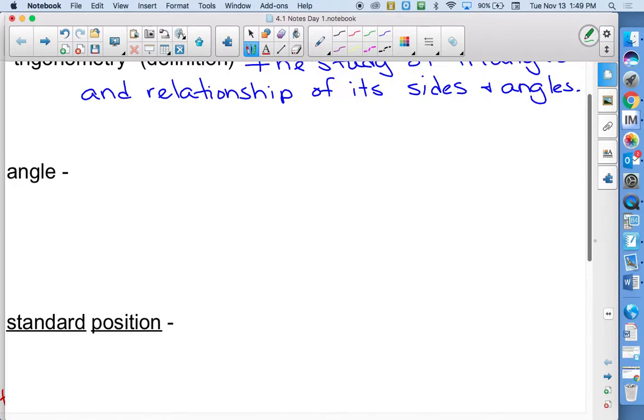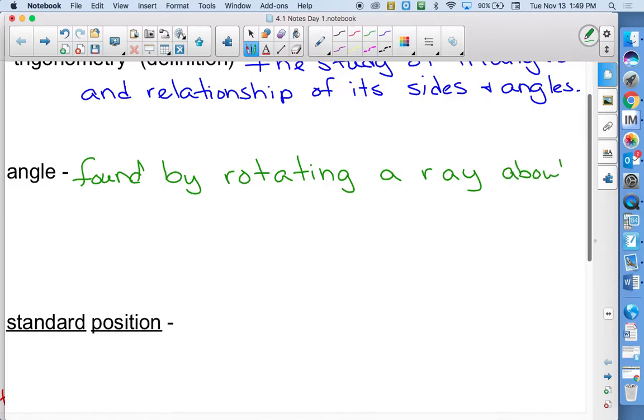So in trig, an angle is found by rotating a ray, so we still have that word ray, about its endpoint. An angle in geometry says that you have 2 different rays that are already combined together.